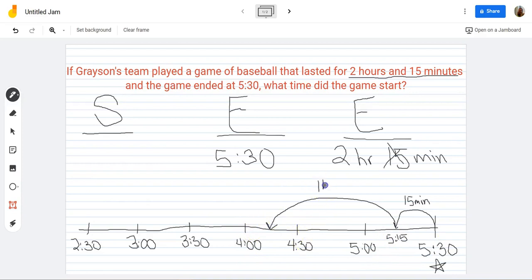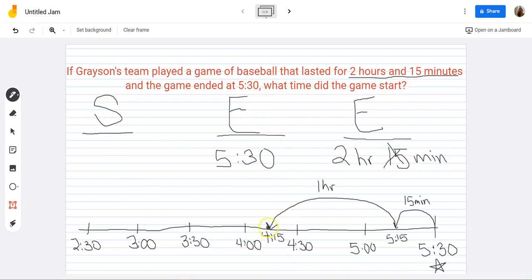And that's my first hour jump. And I know that this spot should have the same minutes in it, because we only went back an hour. We didn't change any minutes. We only went back 1 hour. So 1 hour from 5 o'clock would be 4 o'clock, and my minutes are going to stay the same, so it should be 4:15 at this point on my number line.